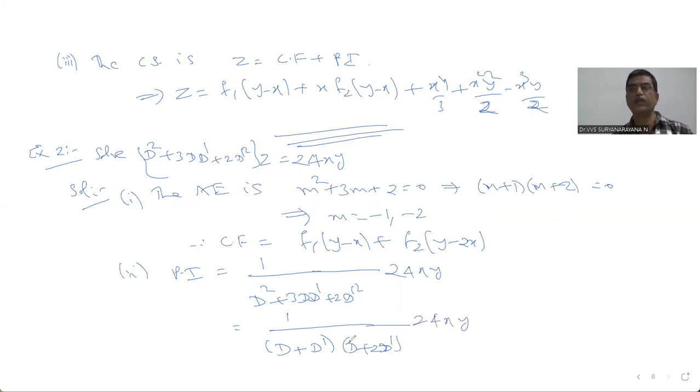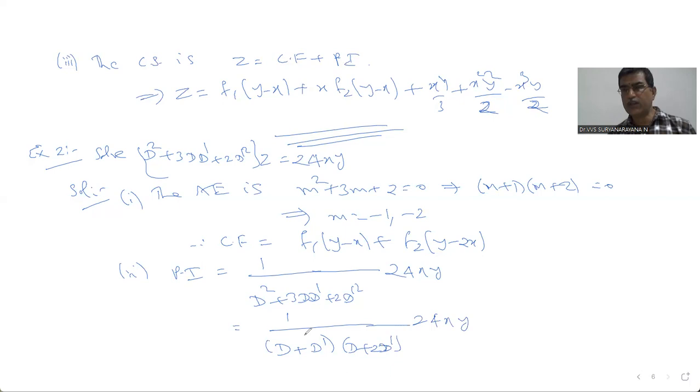If you replace m with d and 1 with d dash, then d plus d dash and d plus 2d dash. Just multiply these two, check whether correct or not. Now find the partial fractions of this. What is the difference of these two factors? Simply d dash. So we can find the partial fractions and then we can simplify.